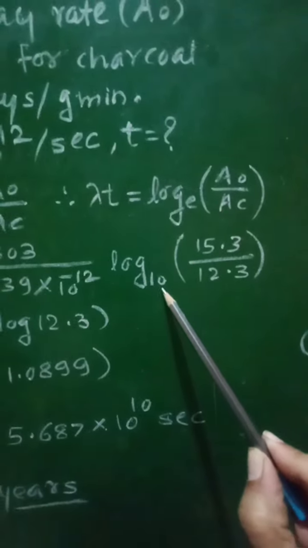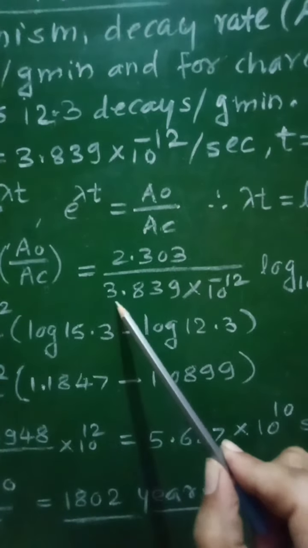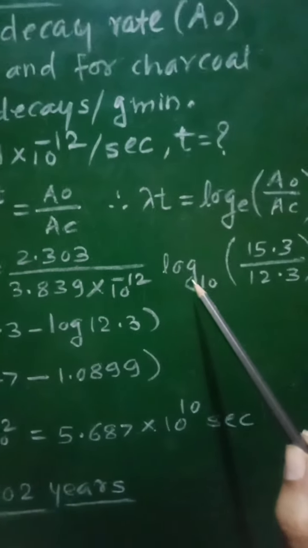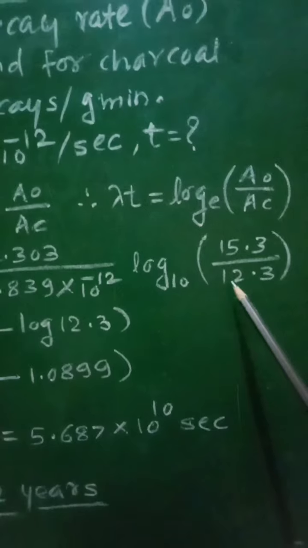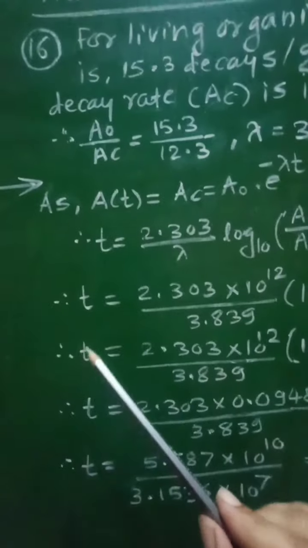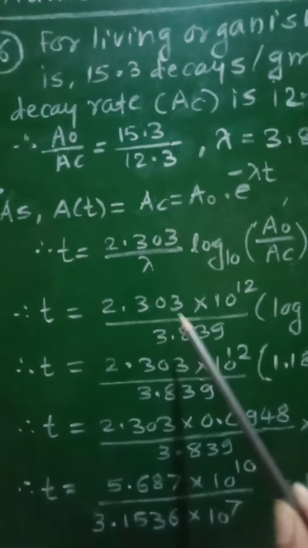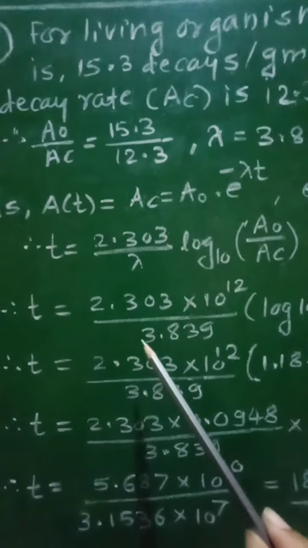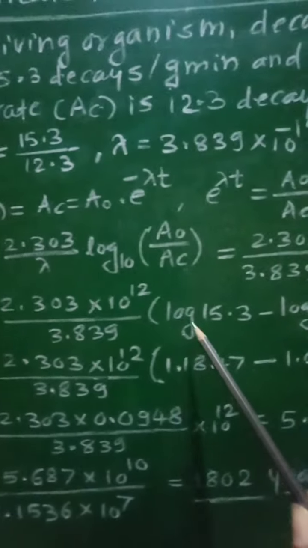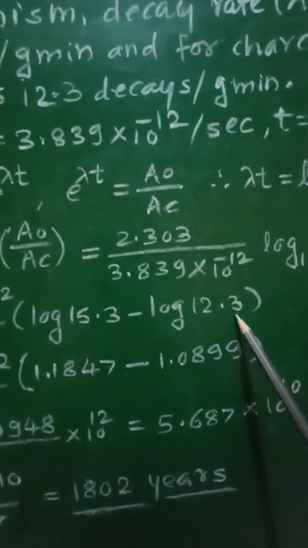Putting the values, we get t is equal to 2.303 into 10 raised to 12 upon 3.839 into log of 15.3 minus log of 12.3.